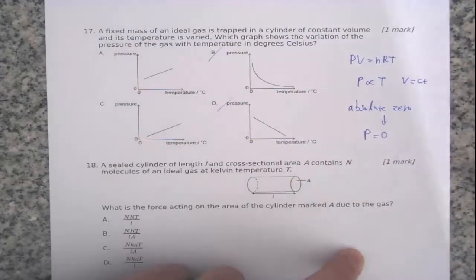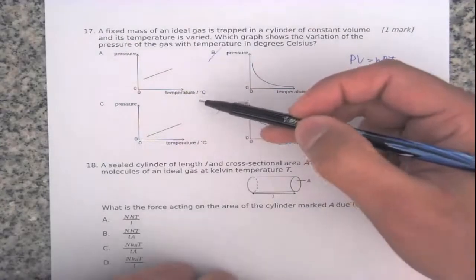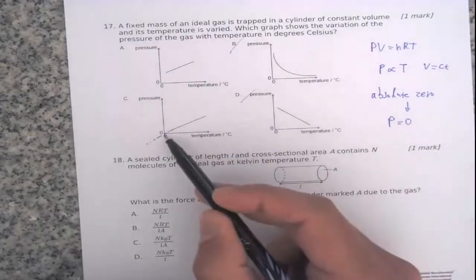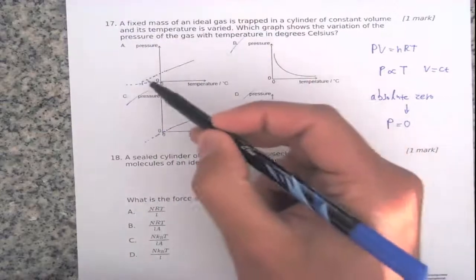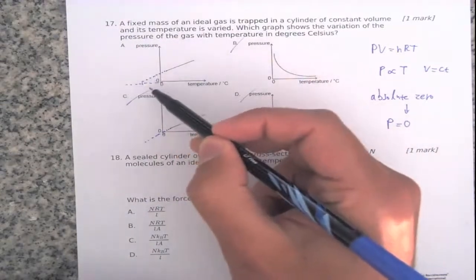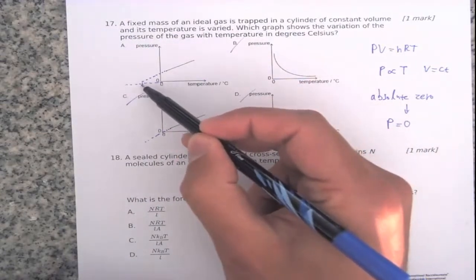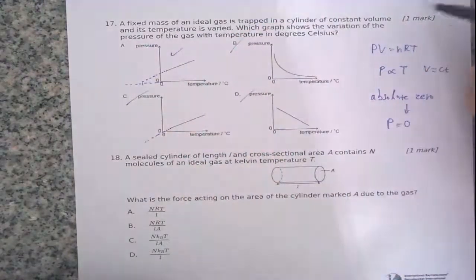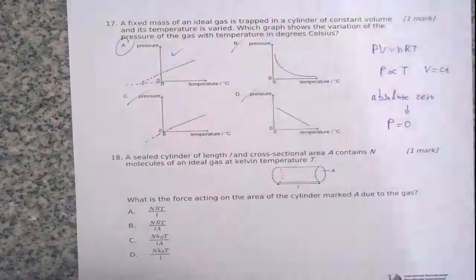But absolute zero is at 0 Kelvin. Here we have 0 Celsius. So if you extend these lines, you see that at 0 Celsius you have 0 pressure. This cannot be true. If you extend this line here, you will see that at a negative temperature you will have 0 pressure. So this seems correct. The answer here, of course, is A.